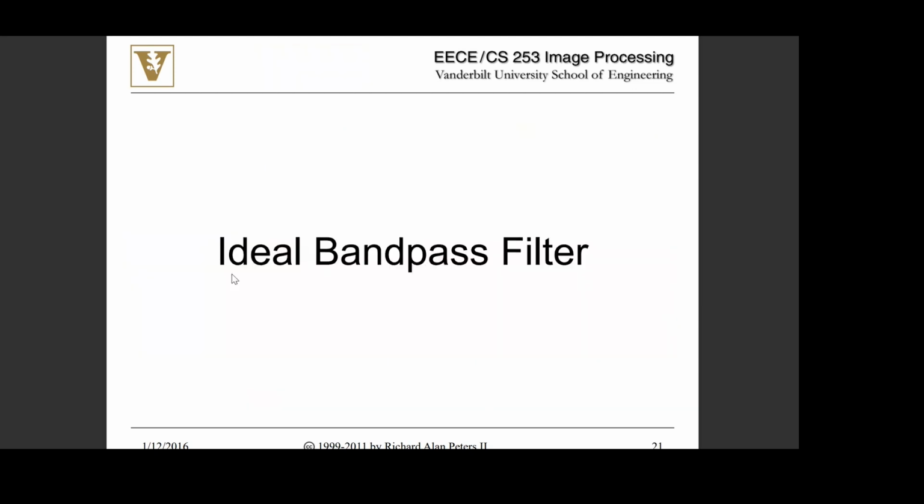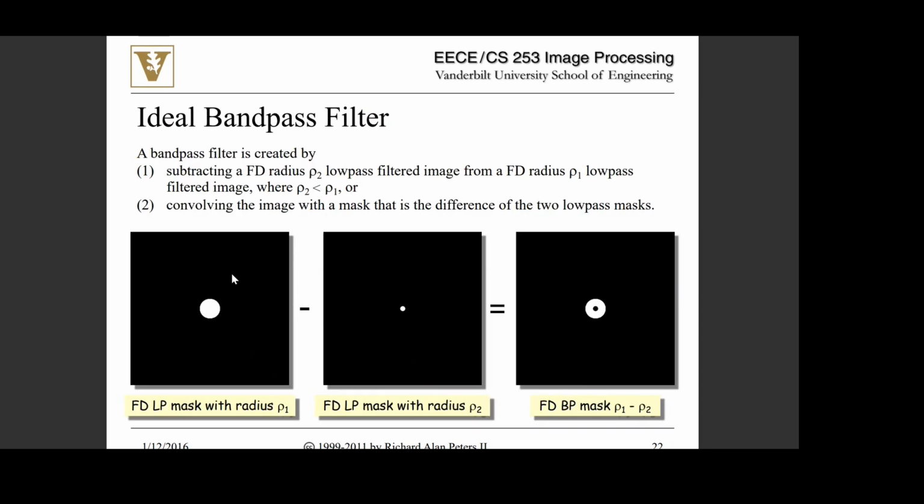And then we can compute ideal bandpass filters. And for ideal bandpass filters, now we know the trick. We can subtract filters, so we can design a low-pass filter with a radius, another low-pass filter with a different radius, and then we compute the difference. This is the same as we did with the high-pass filter, 1 minus our low-pass filter.